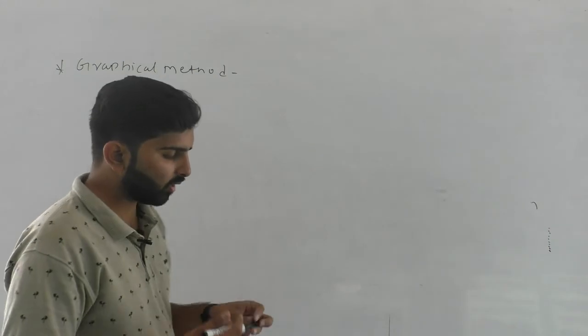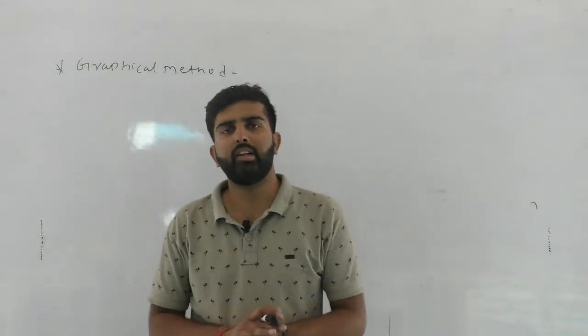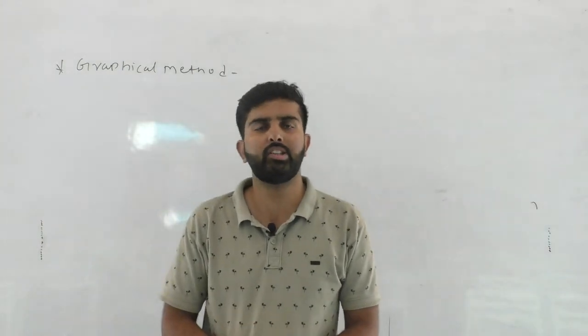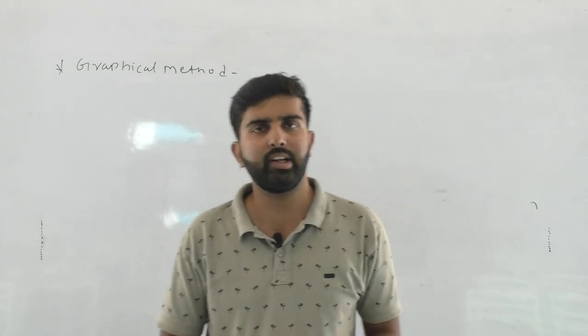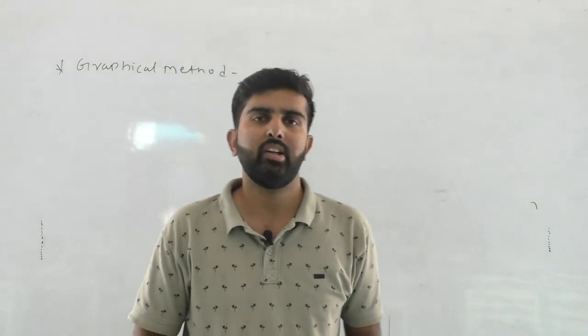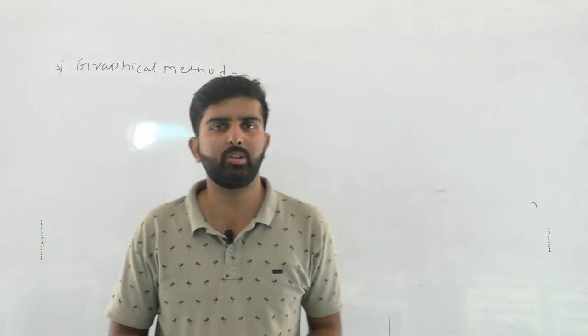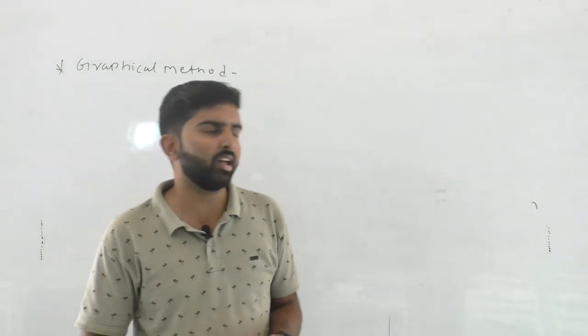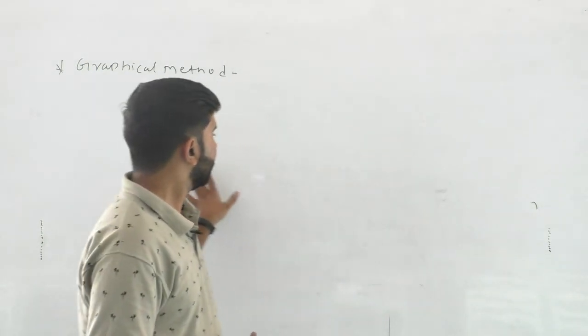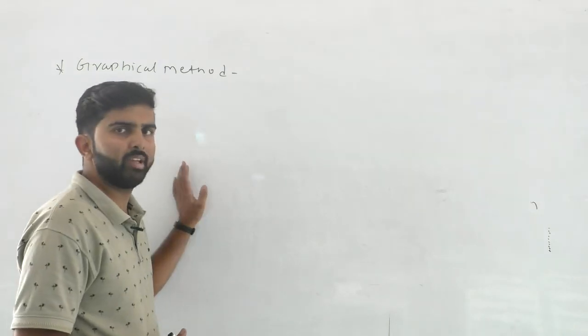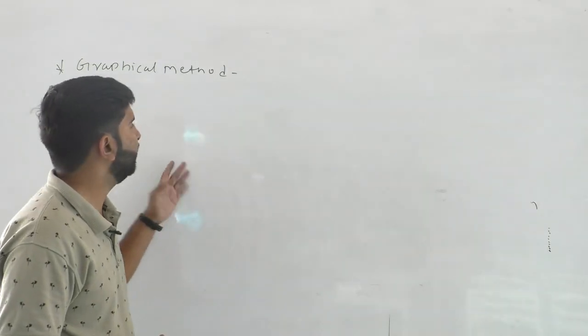Since we know that we draw a graph for each type of reaction, we draw the graphs for zero order reaction, then we draw the graph for first order reaction and second order also. So by seeing the graph, we can also decide the order of the reaction.